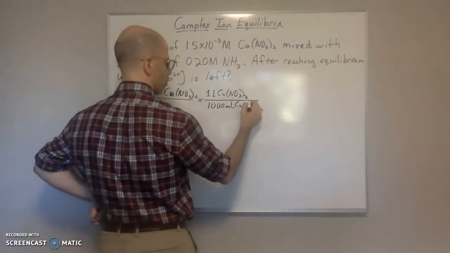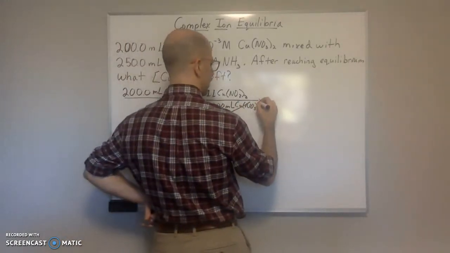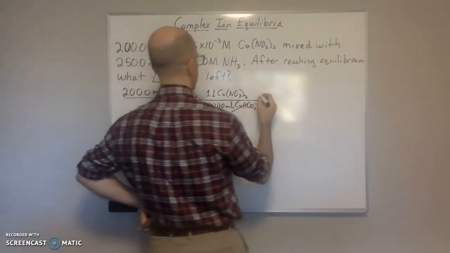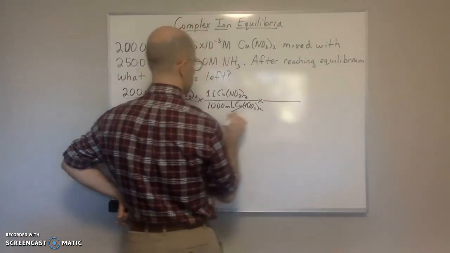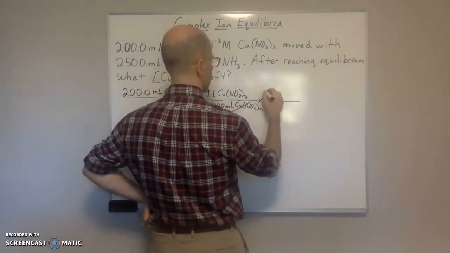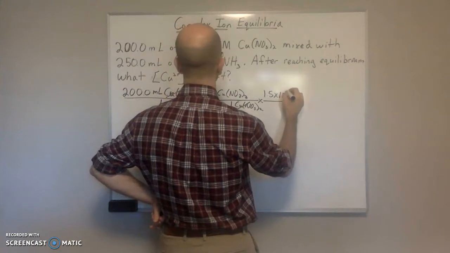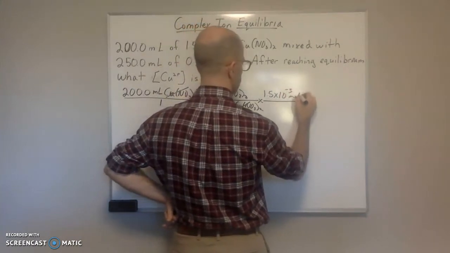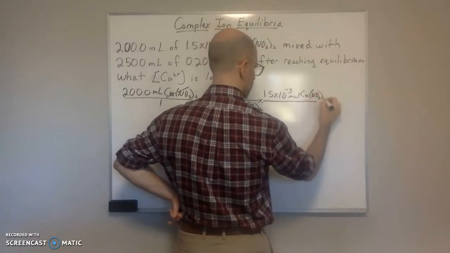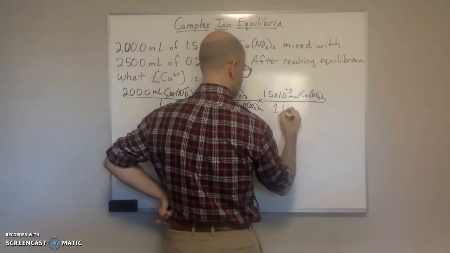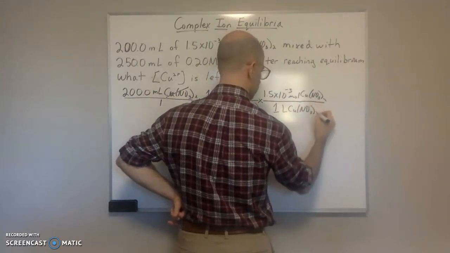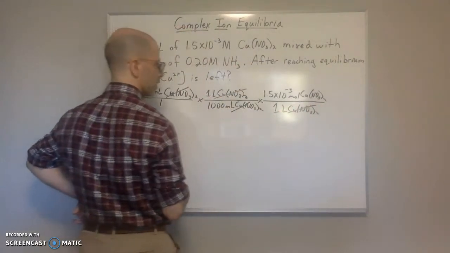Okay, so milliliters cancels out, and now we can use the given molarity to find the number of moles. Since we have liters on the top, we want liters on the bottom. So we're going to have 1.5 times 10 to the negative 3 moles of the copper 2 nitrate over 1 liter of the copper 2 nitrate solution. So liters are going to cancel out.